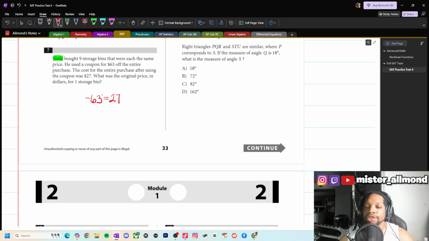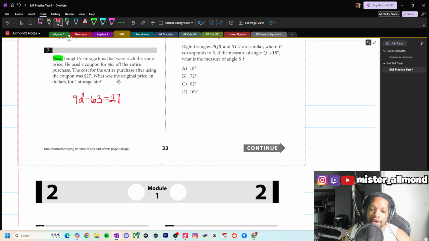All right. So all these numbers right here are talking about dollar amounts, and for the rest of this equation, you know that the 9 represents the number of bins, but I guess I'll use D for dollars. However much one of them is, 9D is going to be the cost of 9 of them. And then whatever that cost is, the coupon says $63 off, and then my total came out to 27.